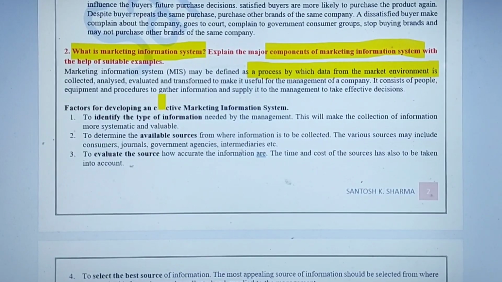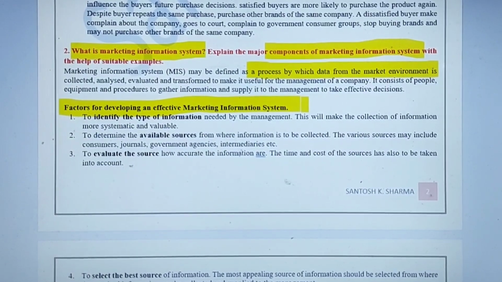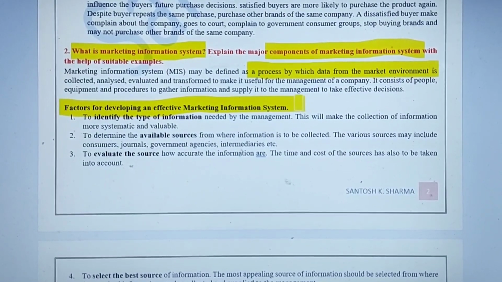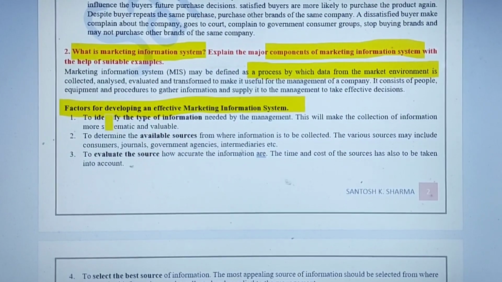Okay, and then we have the major components. Before moving on to the components, you can also go through this one: what are the different factors for developing an effective marketing information system? Firstly, the company or the marketing manager has to identify the type of information that he needs to collect.